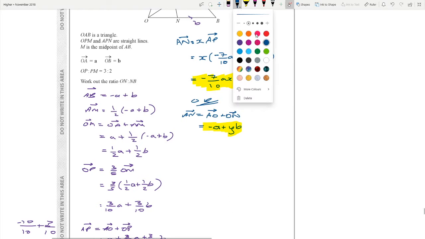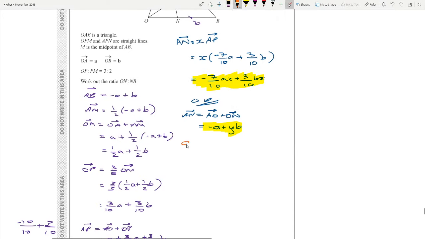So if we look at the a's first of all, using a different color, let's look at the a's to begin with. Here we had minus 7/10 ax, and this is just minus a. So they both have to be equal, and we can show that like this: minus 7/10 of ax is equal to minus a.